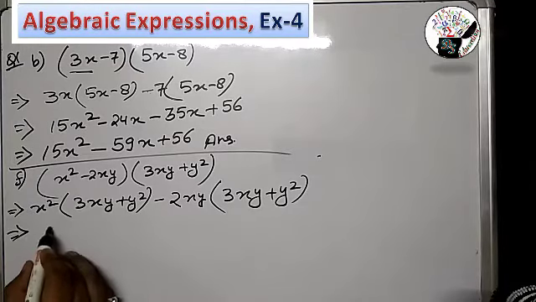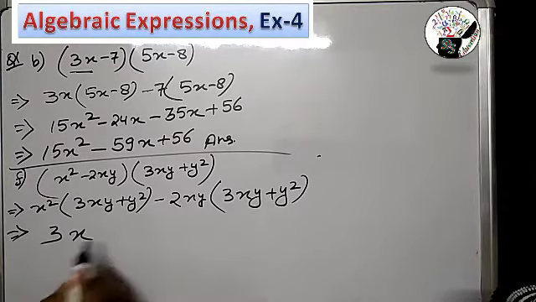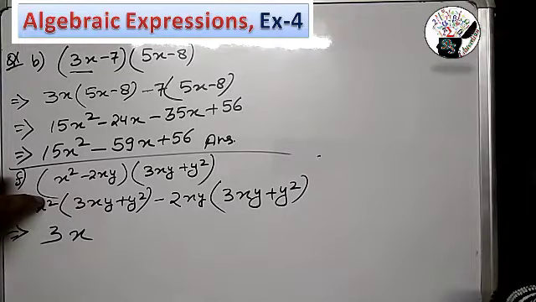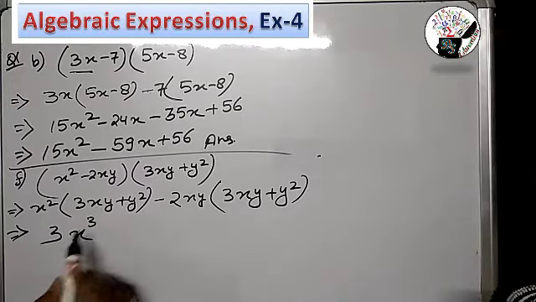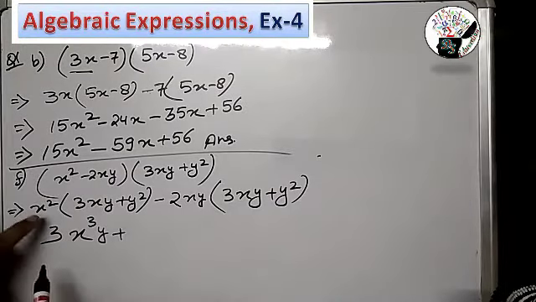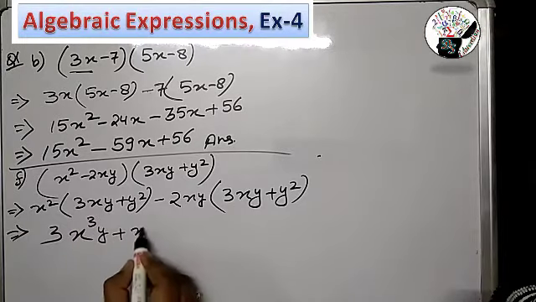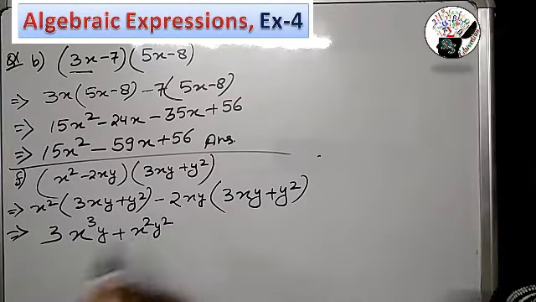Now again the 3 is over here. Now x, see 2 is over here and there is 1 over here. So 2 plus 1 becomes 3 and y. Okay, plus again this will multiply over here, it will become x square y square.